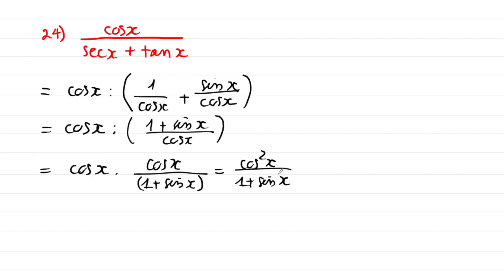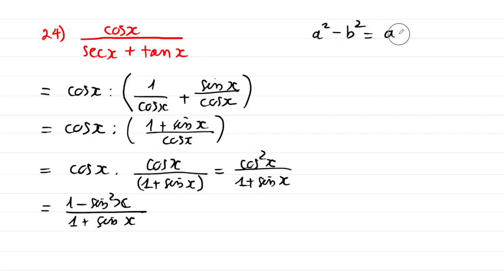This is unfinished. Cos square means 1 minus sine square. And 1 minus sine square, you can factorize one more step. You can remember the algebra identity I already told you: a square minus b square will be a minus b times a plus b. So you got 1 minus sine square. It means 1 square minus sine square. That's like a square minus b square.